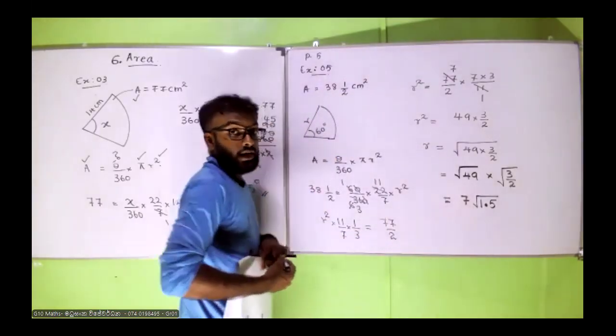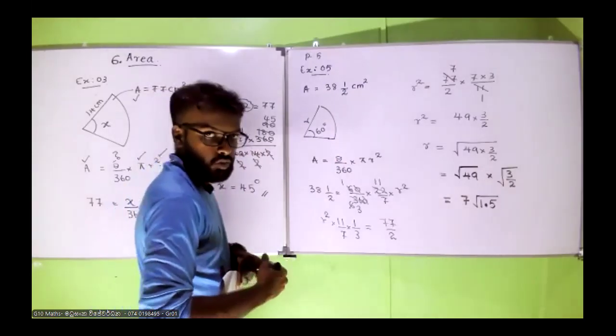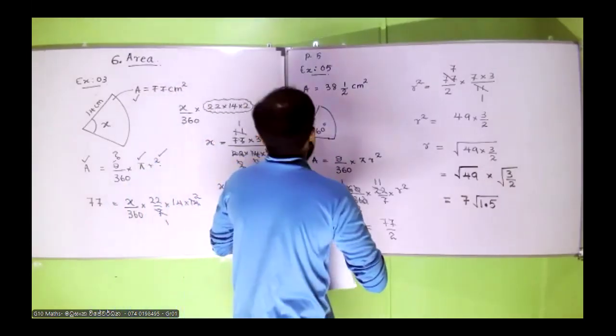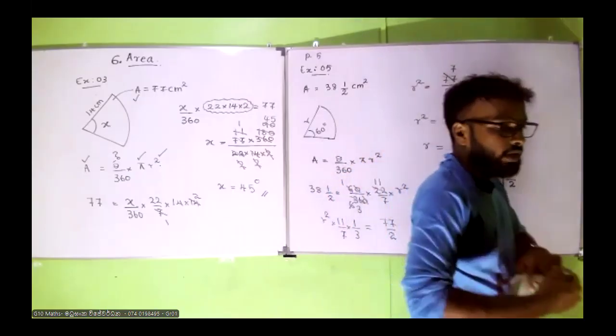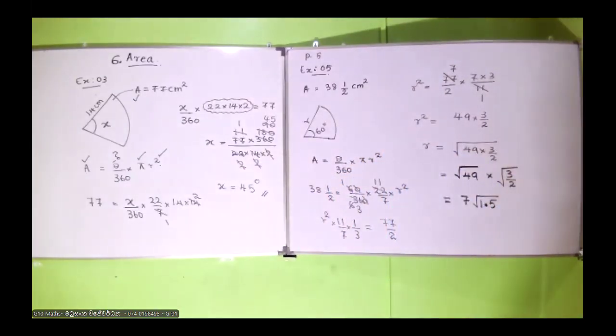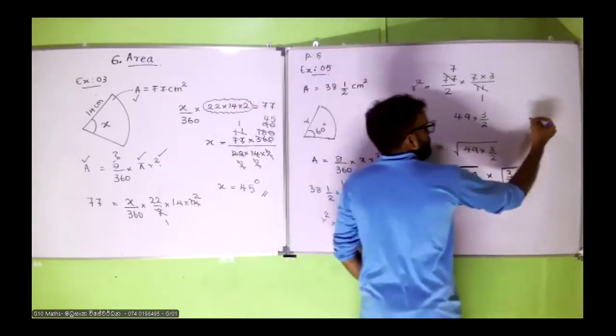You know the division method, right? So if you use the division method to find the square root of 1.5, how are you going to do it? So this is 1.5.